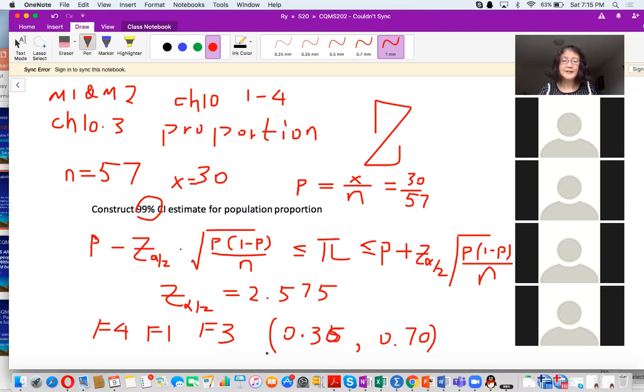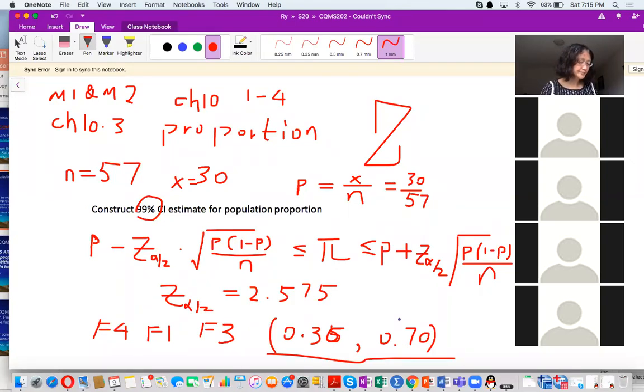Okay, so that is the population proportion, anywhere between 36% to 70%. Based on sample data, I conclude the whole population of students having part-time jobs is between 36% and 70%.